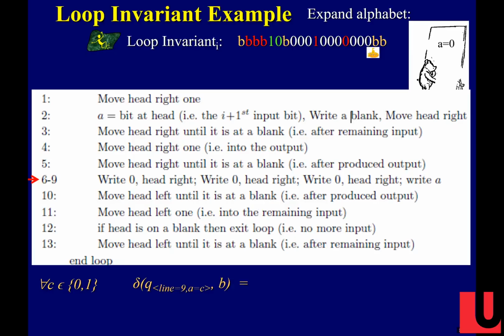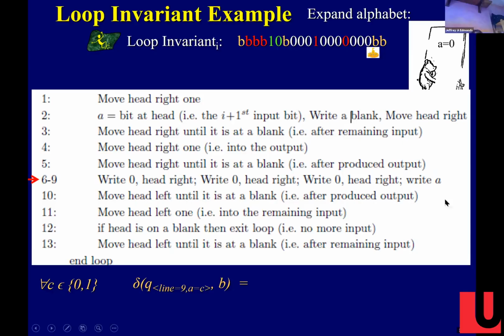The first part we made them zeros, and the second part we're now going to say write A. Yeah. The semicolon is changing line, right? Write 0, head right, write 0, head right, write 0, head right. So that was 6, 7, 8. Now we're in 9. Oh my God, I see it, sir. Right? Does that make sense? Yeah, obviously. All right.